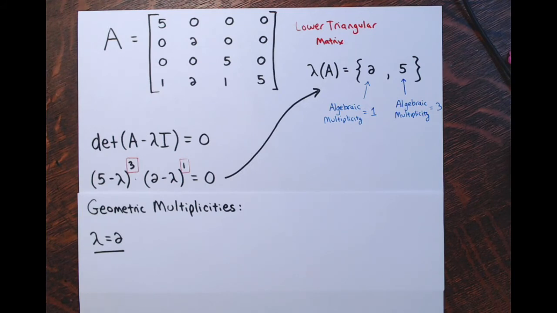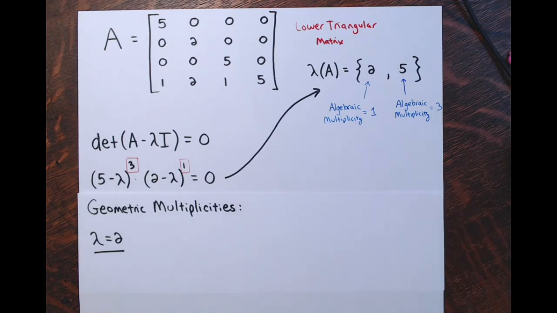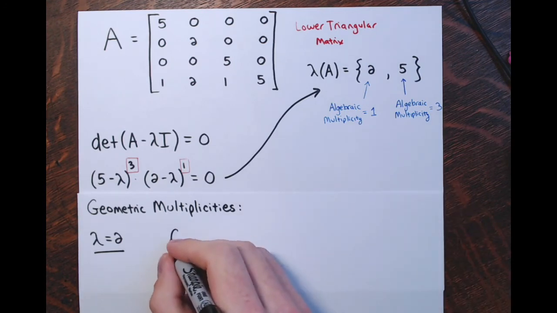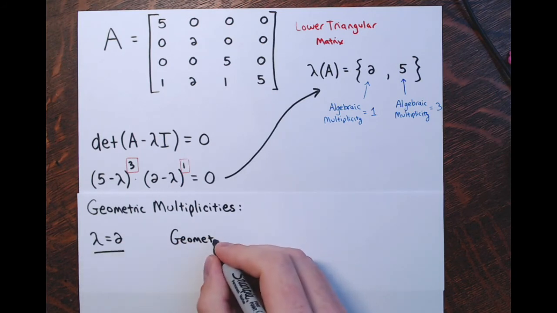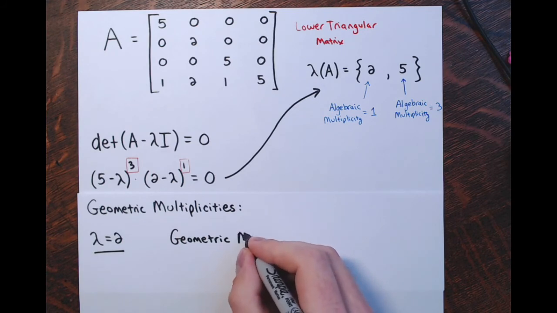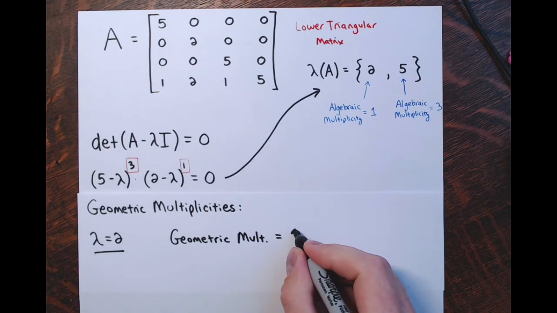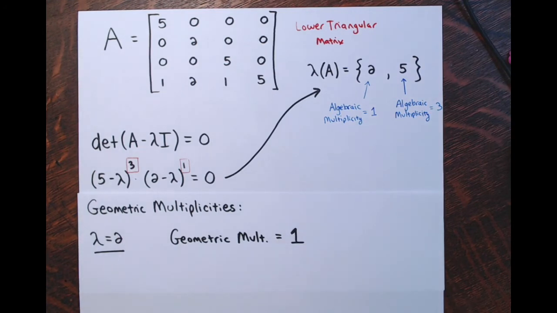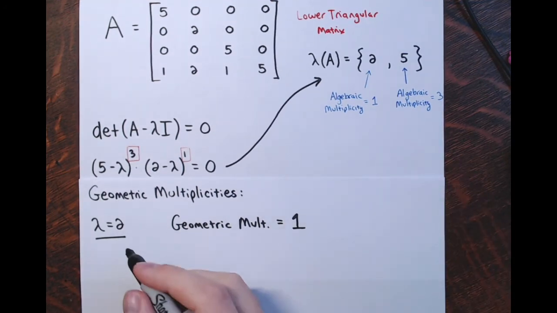So if it has to be at least 1 and can't be greater than 1, the geometric multiplicity of lambda equals 2 is going to be 1. I promise you this. Now let's actually show it. Show that the dimension of the corresponding eigenspace is 1.